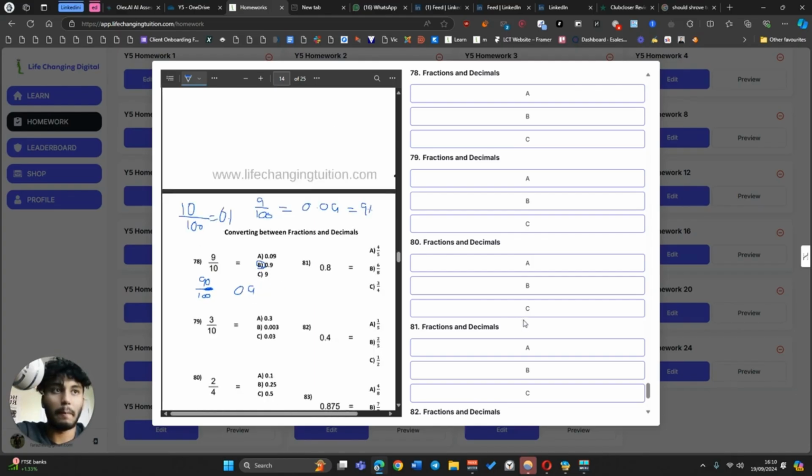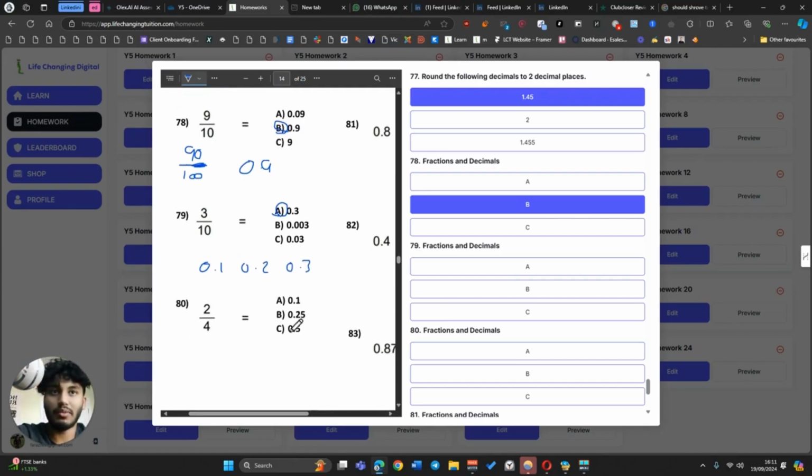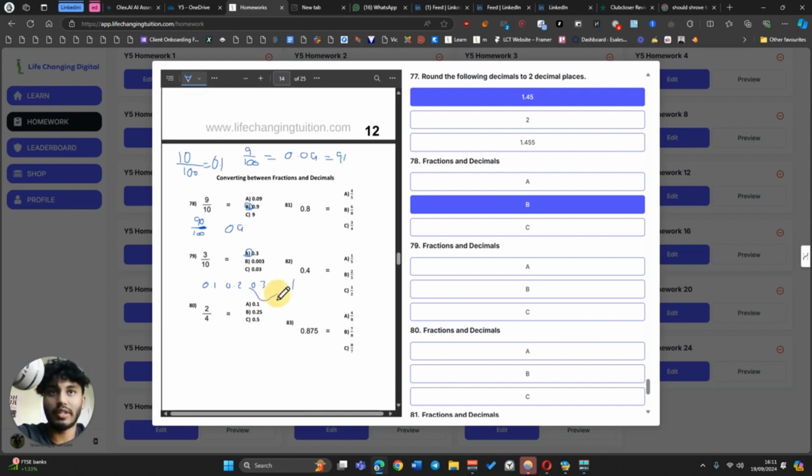So that would be option B. Question 79, again, this is like 30%, 3 out of 10, and that's 0.3. Again, if you think about 0.1 is 10%, 0.2 is 20%, 0.3 is 30%. If you keep going up by 10% each time, you get to 1 after 10 of these. Hopefully I'm not confusing you with these ones.